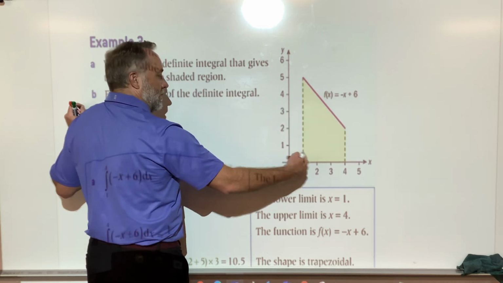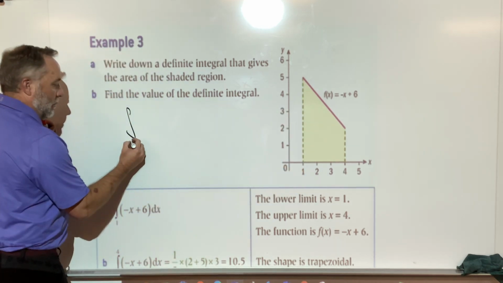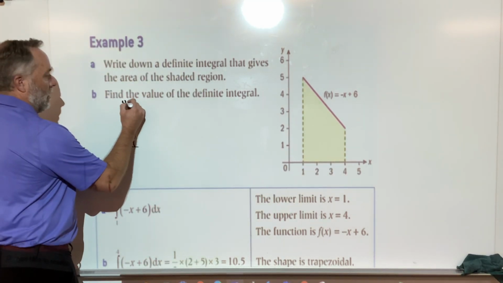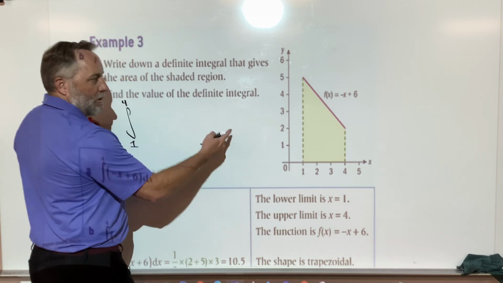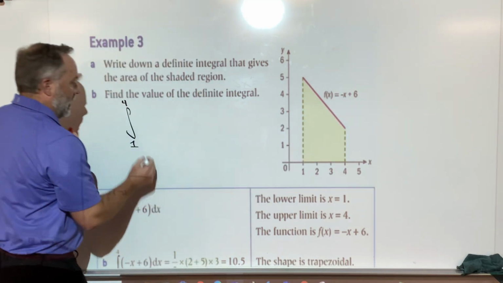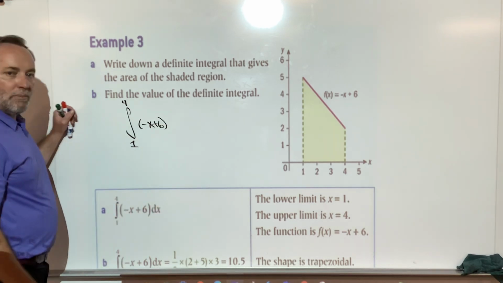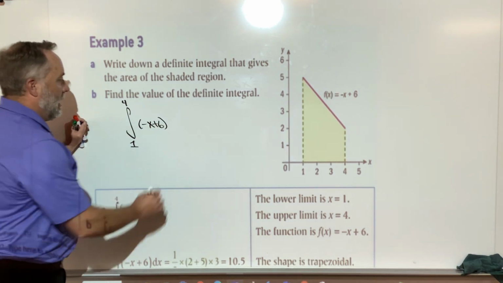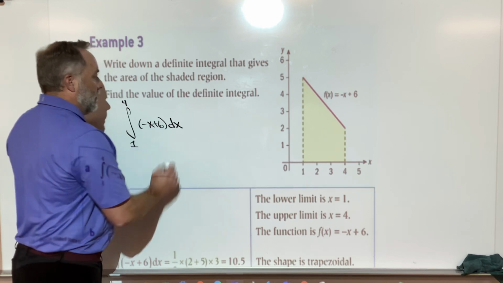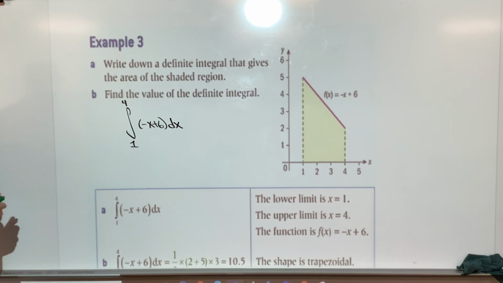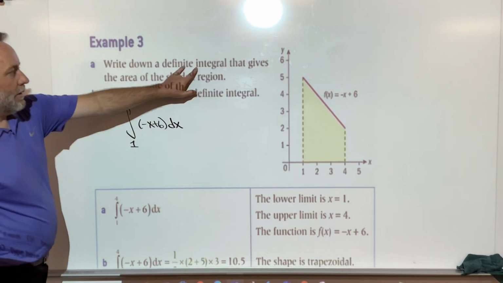What bounds us on the left side? That would be the number 1. What's the upper bound? That's 4. What's the function? Well, it's labeled here as negative x plus 6. So you could put that in parentheses to say that's the whole function. And we're integrating with respect to x. So that would be how we would write the definite integral.